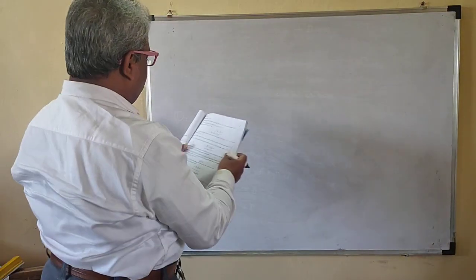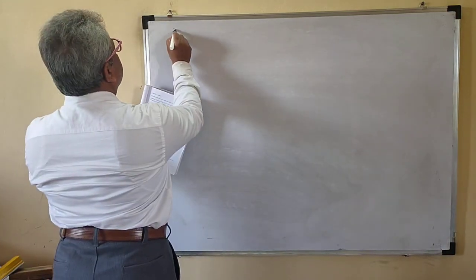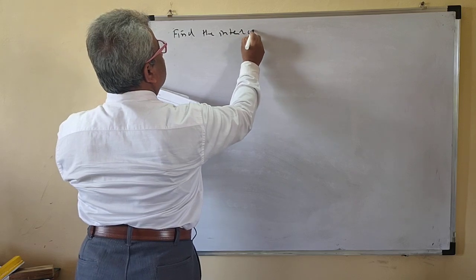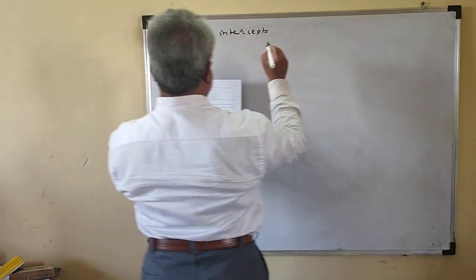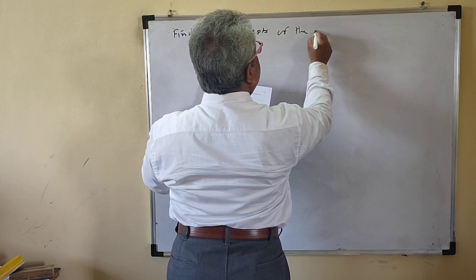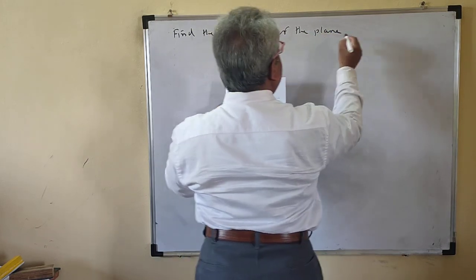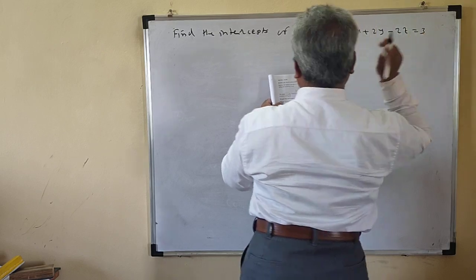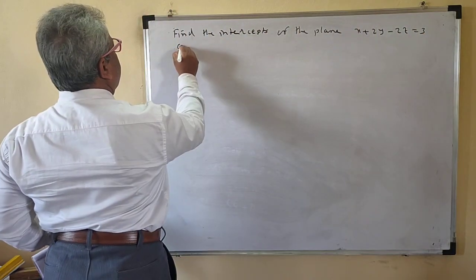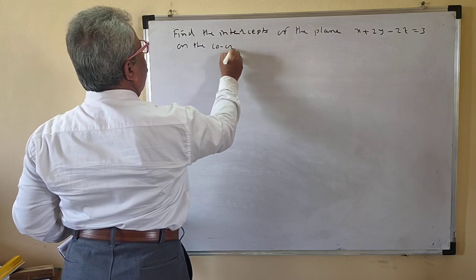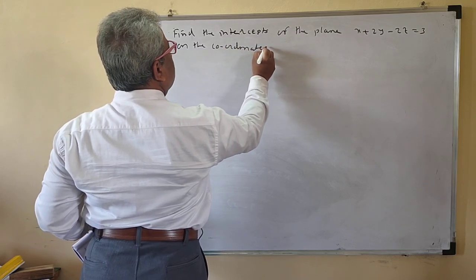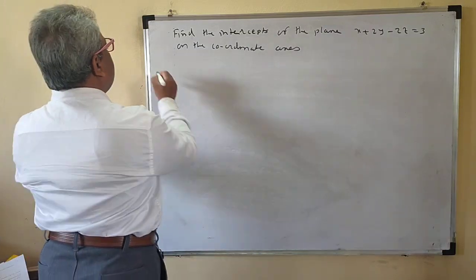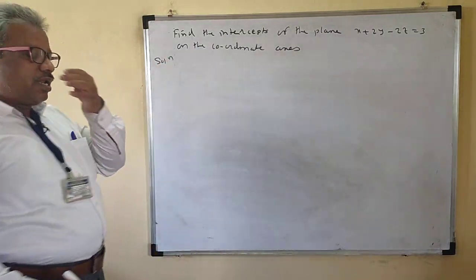Okay, so we take a problem. Find the intercepts of the plane x plus 2y minus 2z is equal to 3 on the coordinate axes. Solution: there are two ways.